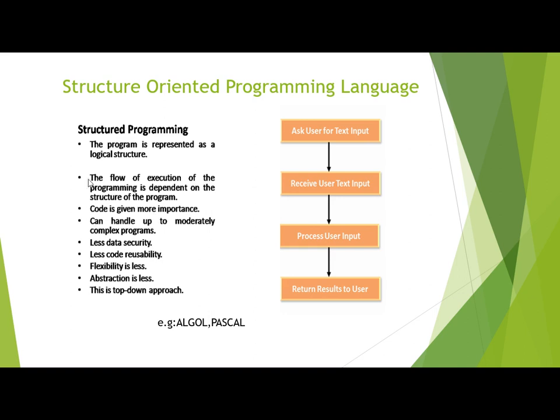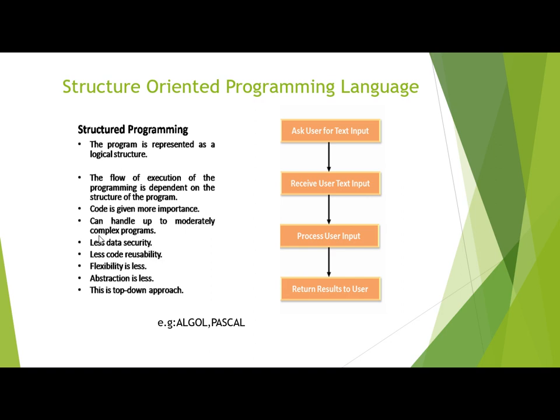Here in this kind of programming language, code is given more importance. The code means the program which the programmer writes down. Then this can handle up to moderately complex programs. If the program is too complex, then it can't be handled very easily by the structure oriented programming language.